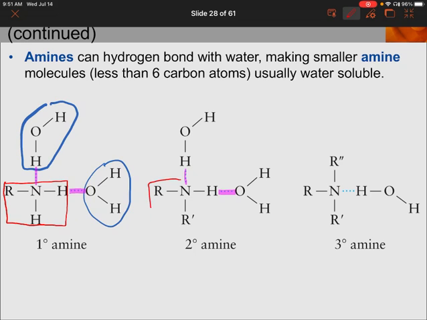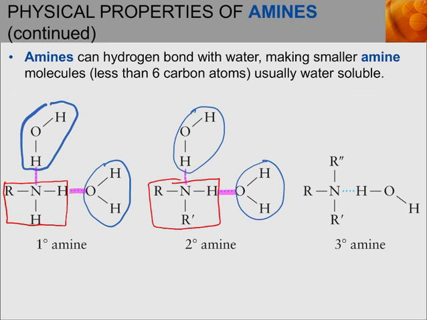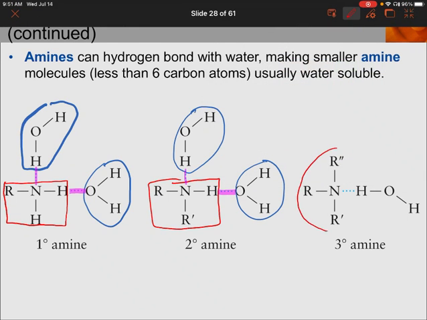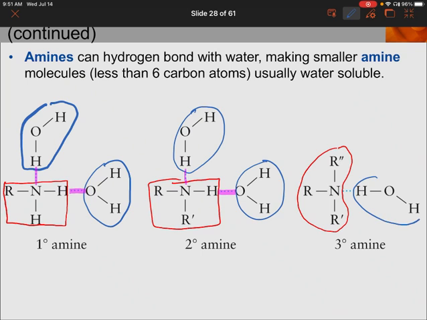The nitrogen on the amine can hydrogen bond with water, and the hydrogen can also hydrogen bond with water. Now looking at the tertiary amine, notice that the tertiary amine does not have any hydrogen atoms. However, the nitrogen can hydrogen bond with one of the hydrogens on water.